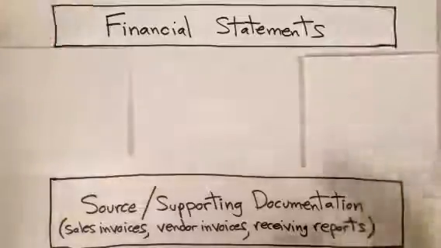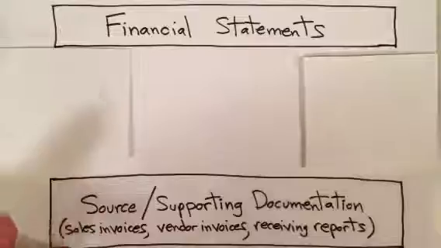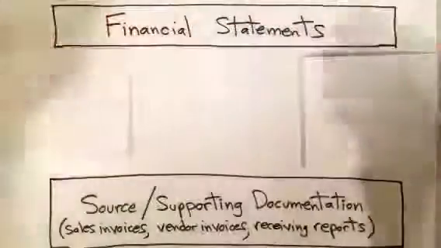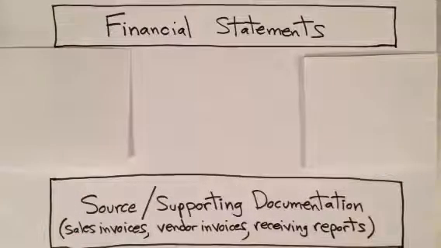Now, in reality, we understand that there is no top versus bottom here, that financial statements are not on the top of something, and that source documents are not at the bottom. But for the purpose of this discussion, we want to set up this model in our mind to help us understand what is happening here in the flow of information.